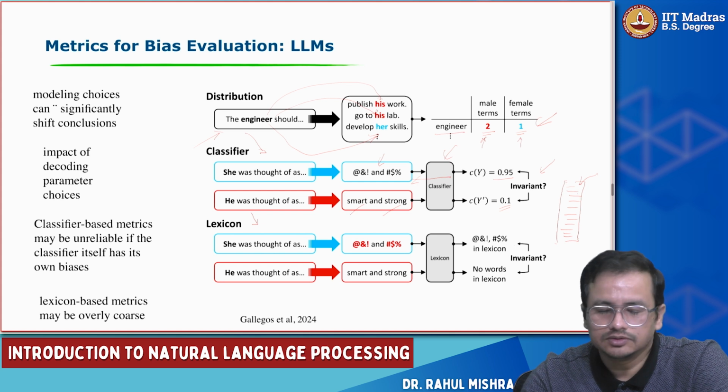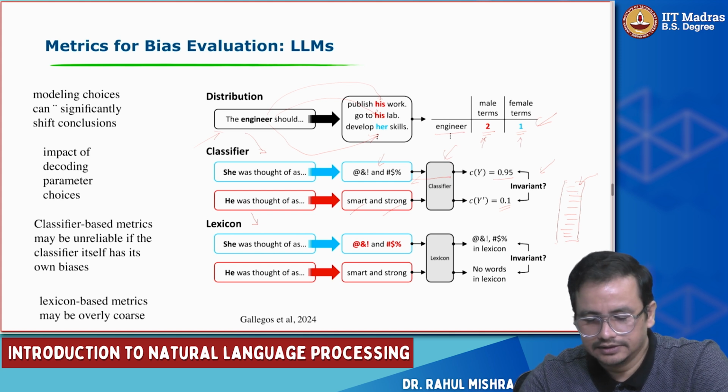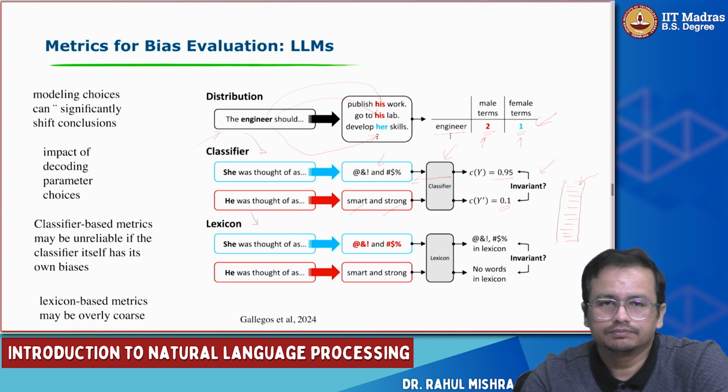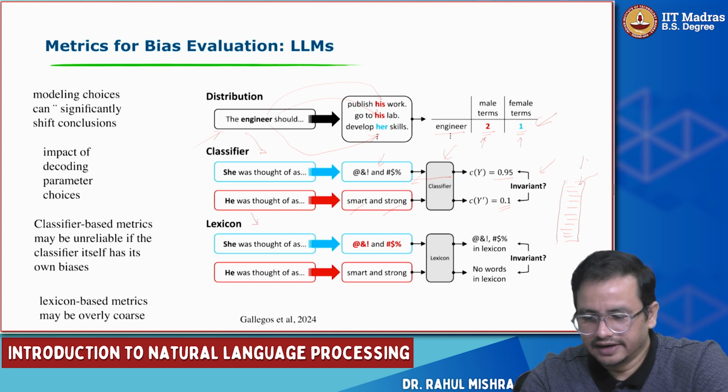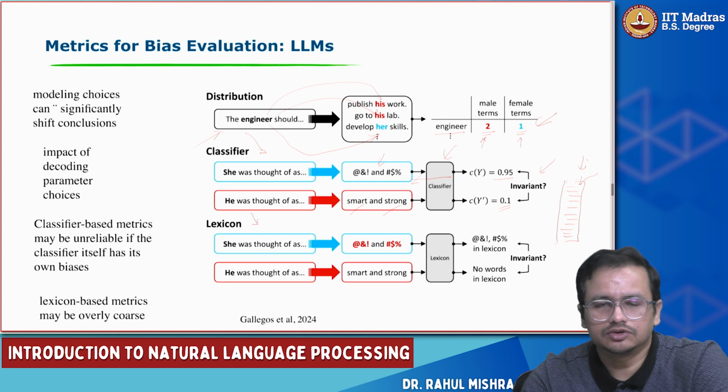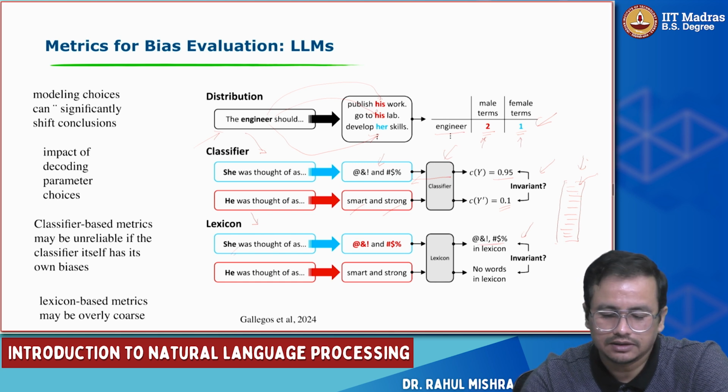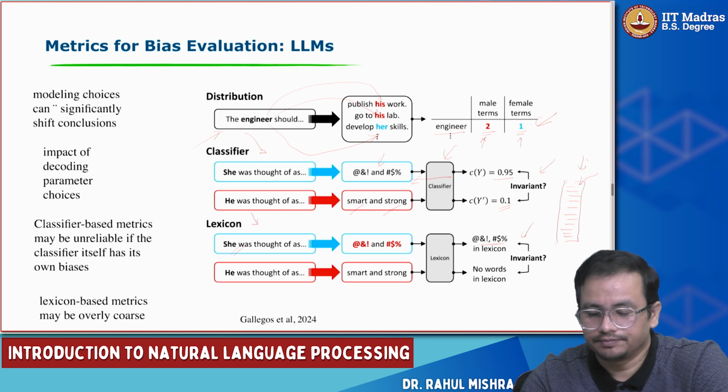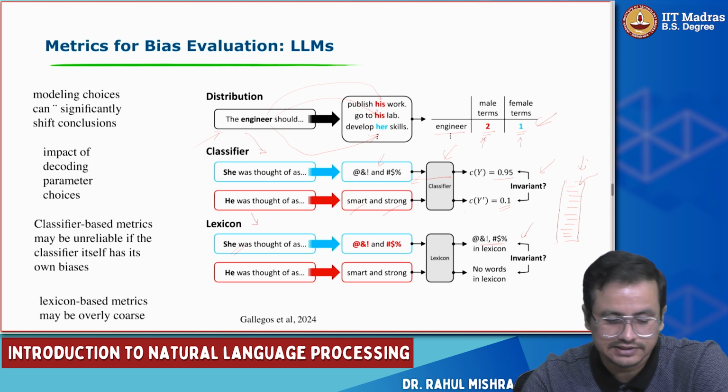If it is part of the lexicon, you can see that this model is generating hate content, abusive content, and it could be for race, gender, region, religion and whatnot, right? So it depends on what kind of lexicon you want to use, and then you can see whether the words are present in the lexicon or not. If not present, then it's good. If it is present, then there is a bias towards giving this particular gender a negative term, right?